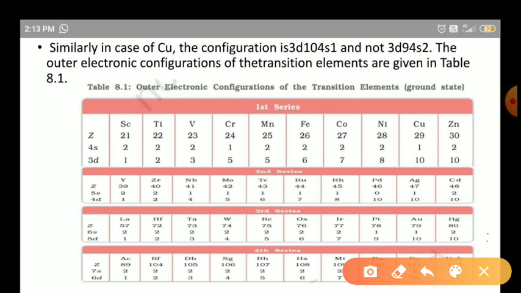So here the table shows the electronic configuration, the atomic number, and the outermost electrons in the 3d and the 4s, from scandium to zinc, yttrium to cadmium, lanthanum to mercury.